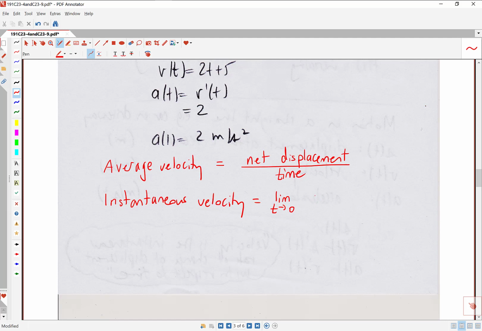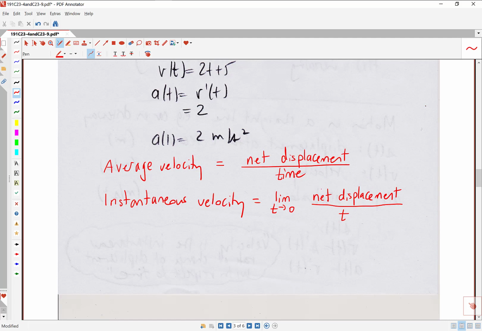So we'd still be looking at the net displacement. So where did the car end up versus where did it start? Or where did it end up minus where did it start? And then divide by the length of time. So I'm just going to write t. And we could actually think of that net displacement on top as a certain displacement value minus a certain other displacement value.